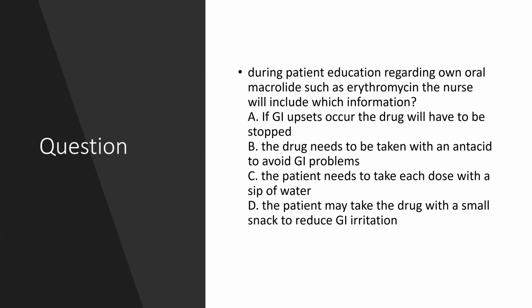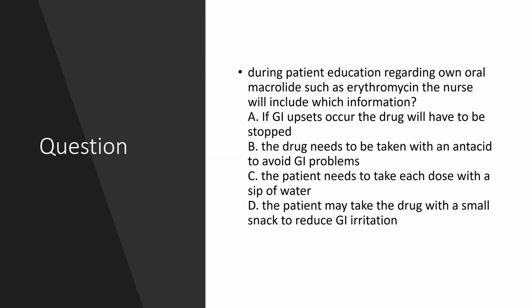Okay. During patient education regarding oral macrolides such as erythromycin, the nurse will include which information? A, if GI upset occurs, the drug will have to be stopped. B, the drug needs to be taken with an antacid to avoid GI problems. C, the patient needs to take each dose with a sip of water.